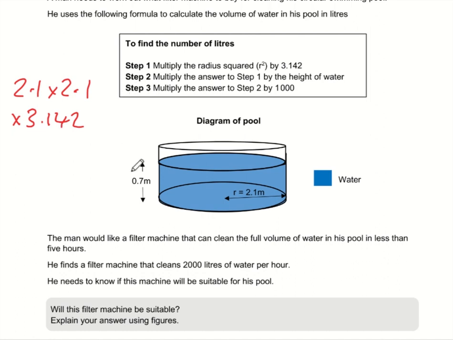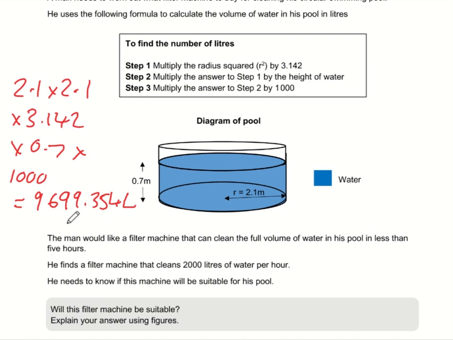So I'm going to multiply this by the height of the water, which is 0.7, and then multiply by 1,000. And when we do all of that, we get 9699.354 litres.